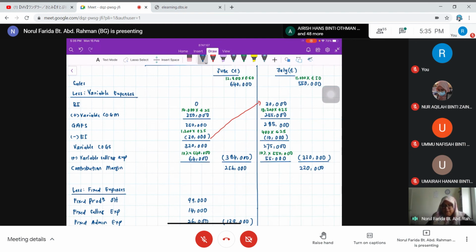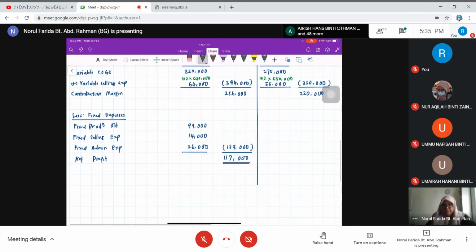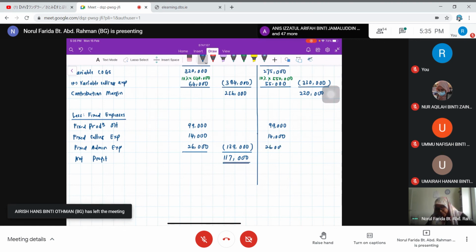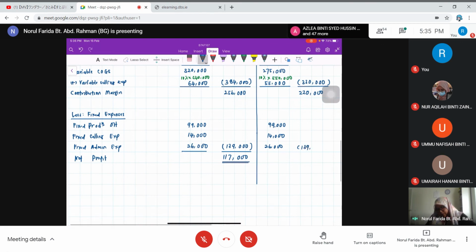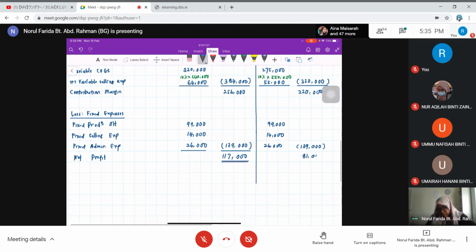Alright. Fixed expenses you samalah. Tidak ada sebarang perubahan sebab fix kan. So fixed production overhead is 99,000. Fixed selling is 14,000. Fixed admin is 26,000. So you have 13,000. So tolak dengan 220, you akan dapat 81,000.